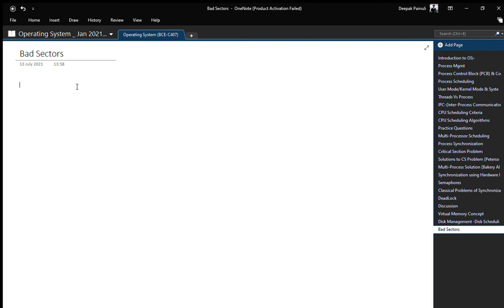So why does a bad sector appear? There could be many reasons, like a hardware problem. You have a problem with your head, or it is touching your disk surface sometimes, and where it is touching the disk surface, maybe a bad sector can be created, right?